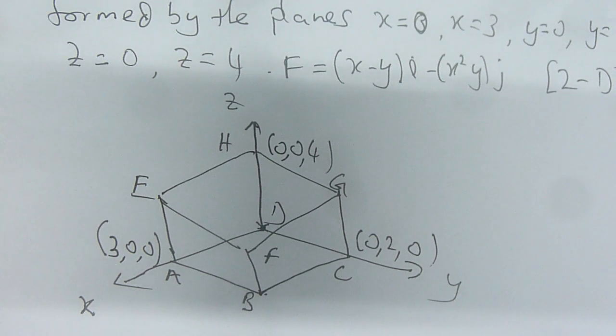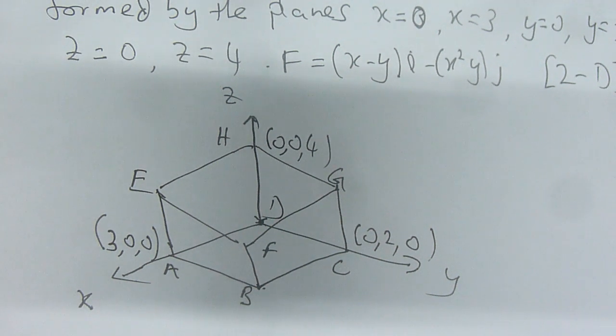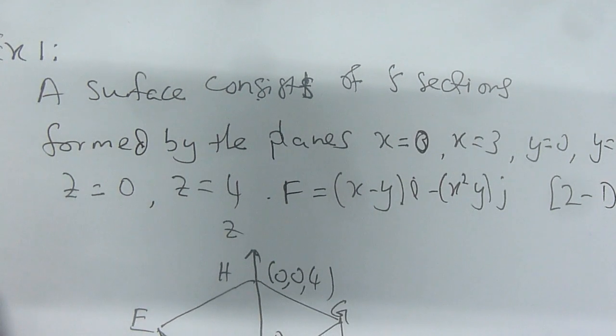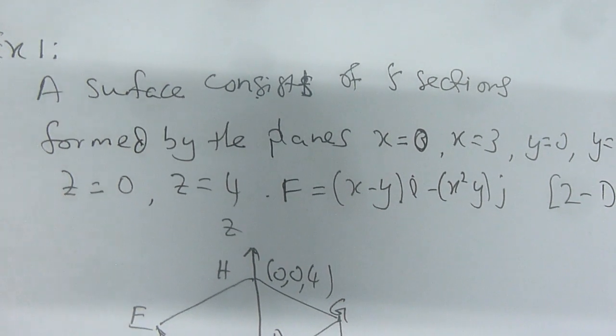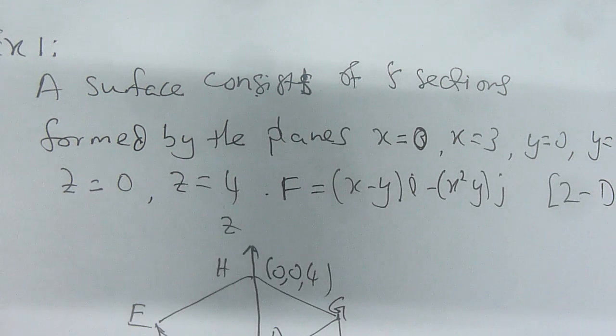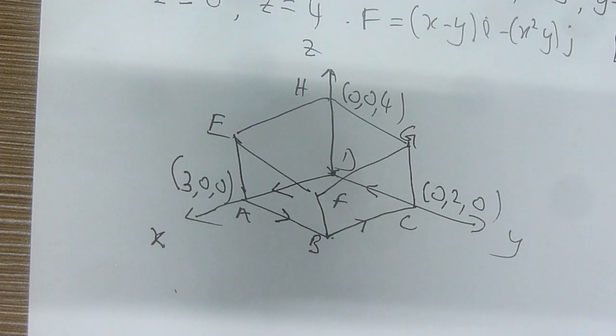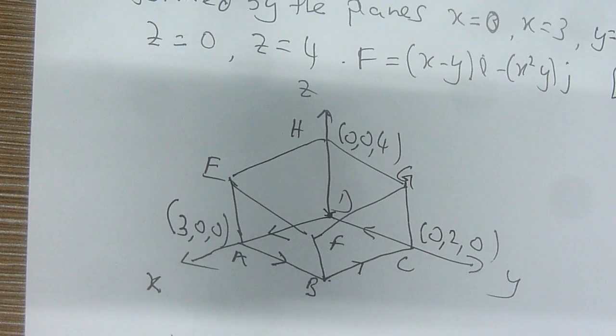Now I stress this part. They say the surface consists of 5 segments formed, but in this particular case the question is not complete yet. I need to say one segment is open. I don't have any red pen here with me at this moment.